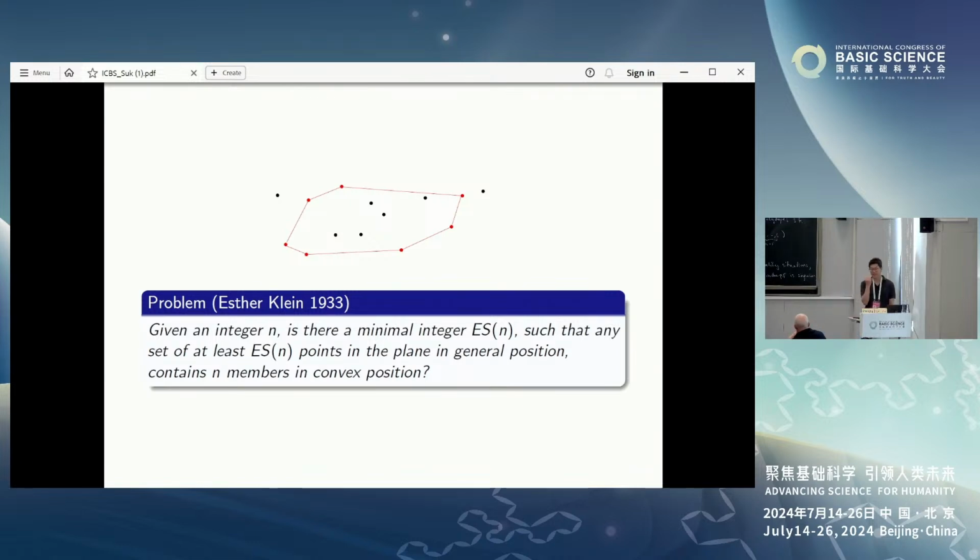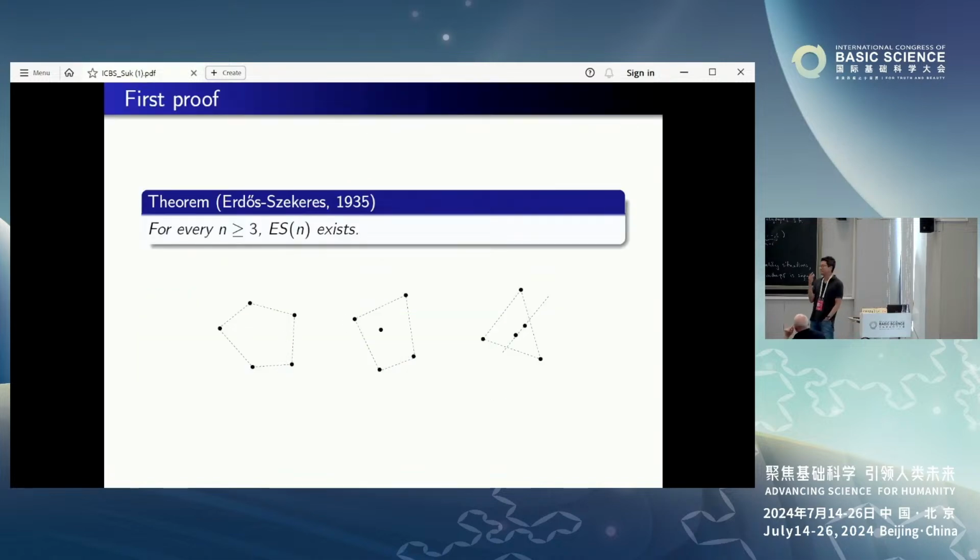For this and the actual existence. The first proof is in the plane in general position, then some convex.